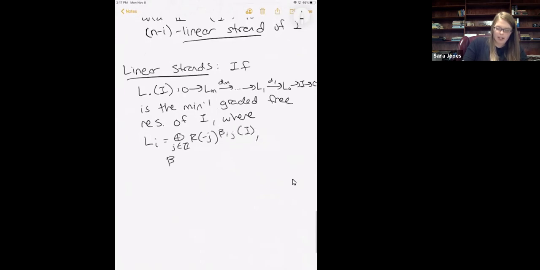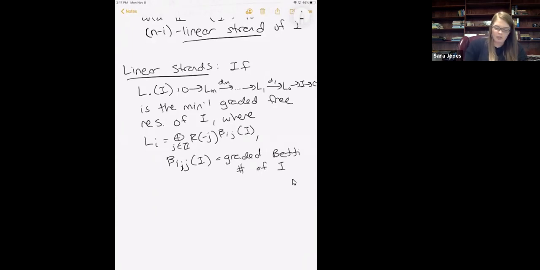And the beta ij's are the graded Betti numbers of I, the ranks of the free modules.